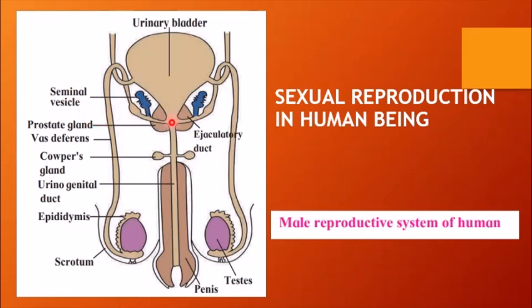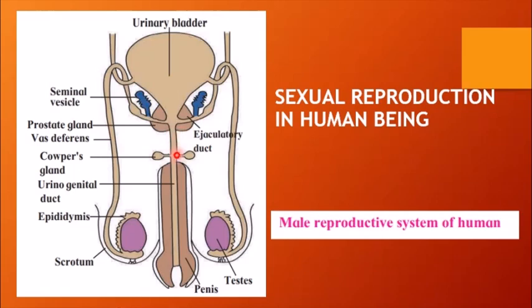That is so that the sperm should be motile and fluid. Then the sperm is moved forward. When it reaches the urinogenital duct, the Cowper's gland and the prostate gland secrete their secretions into the urinogenital duct.